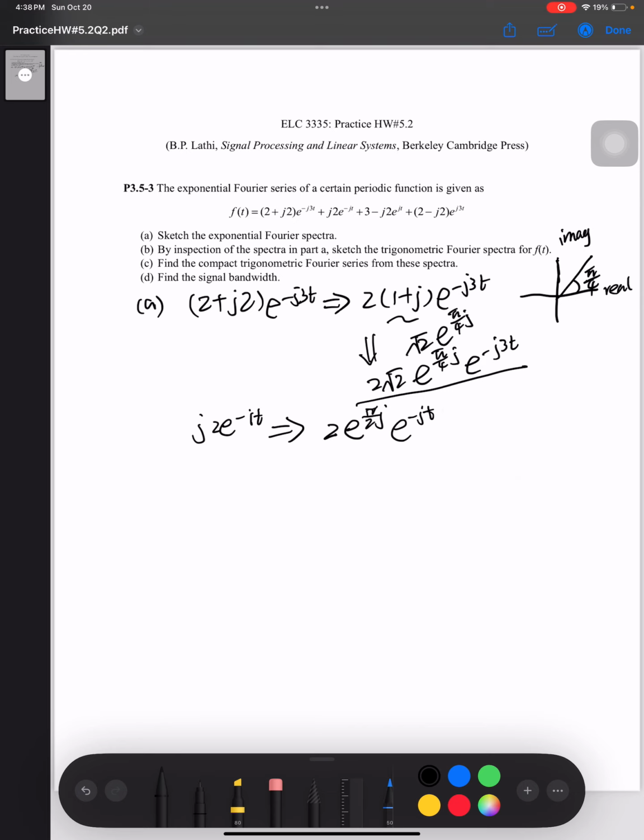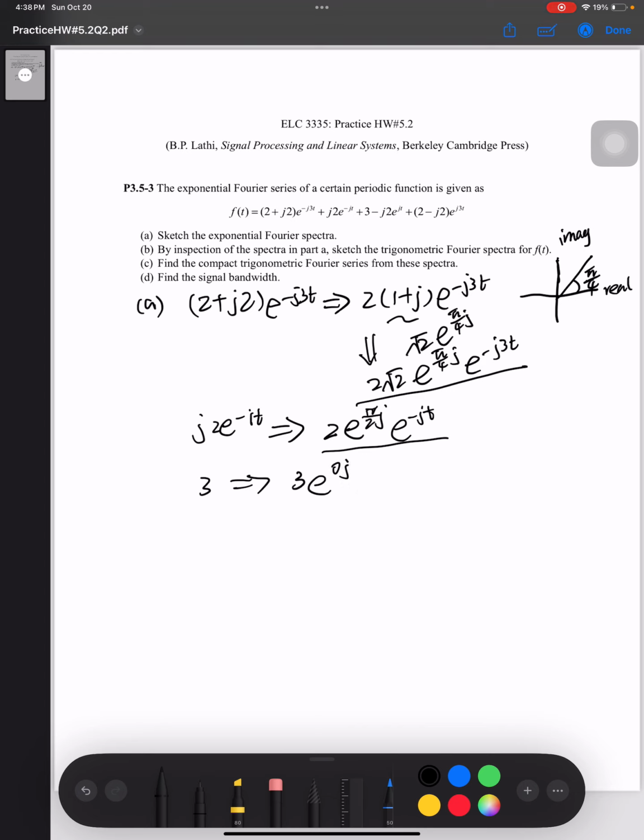And this is the second term. The third term is purely a real number, so it's just 3. We can get 3 e to the j0.